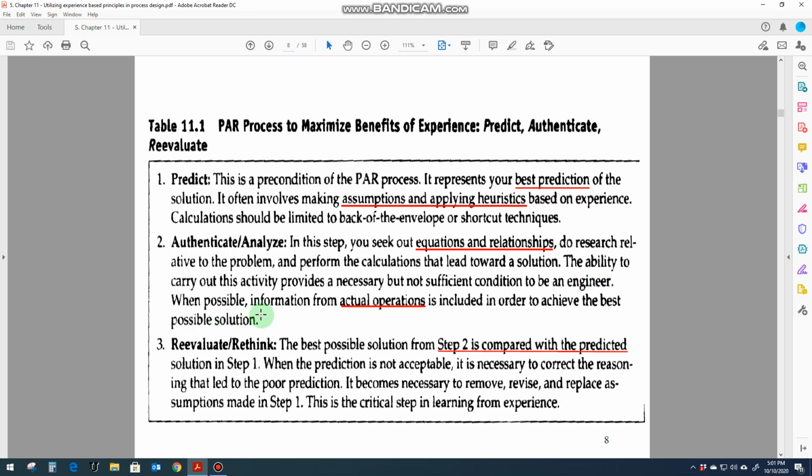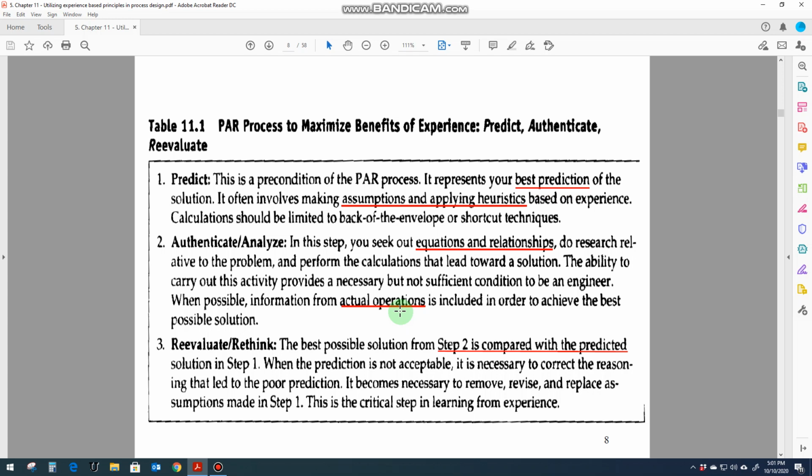When possible, information from actual operations is included in order to achieve the best results. Sometimes the theoretical knowledge is different from what we get in the industries. If we are studying a distillation column, we rely more on the equations, and those equations maybe represent 95% of the system.